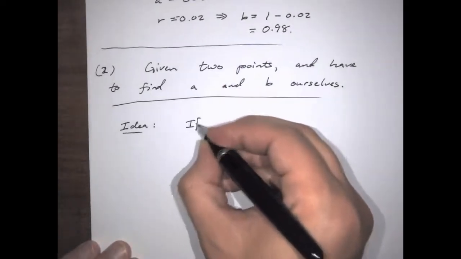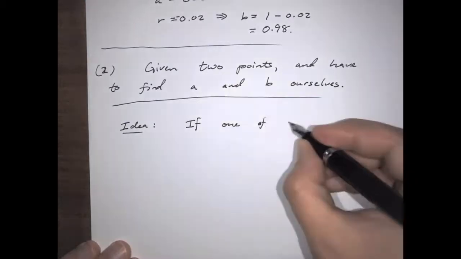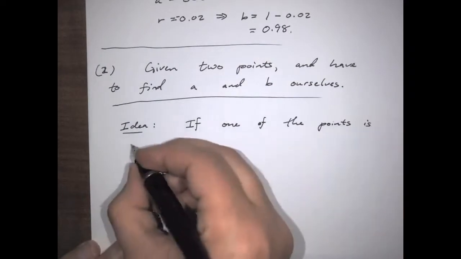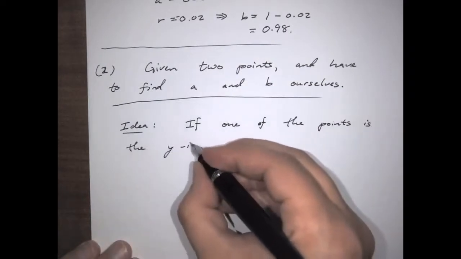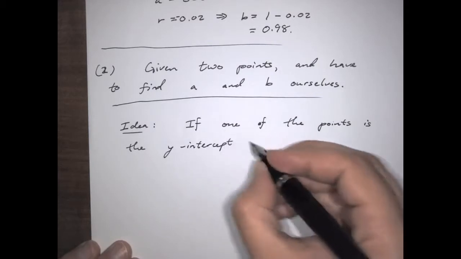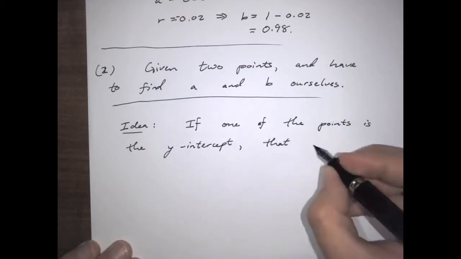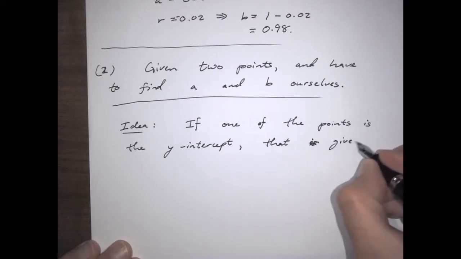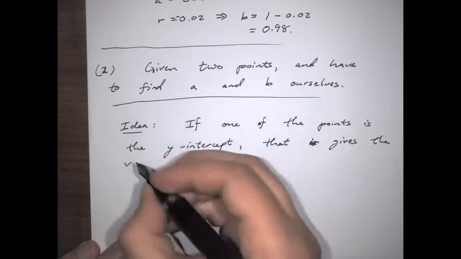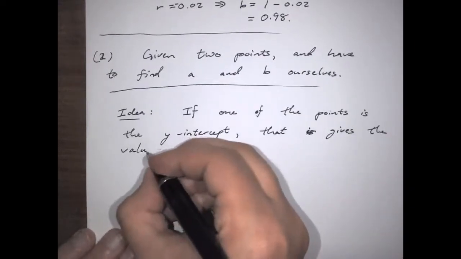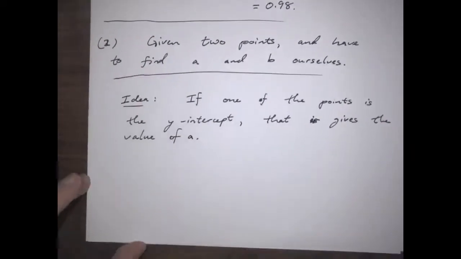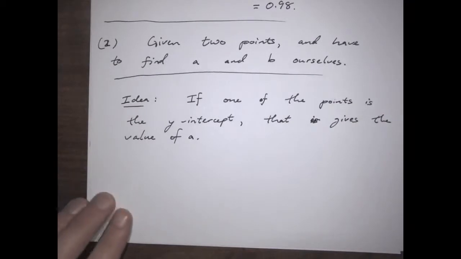So if one of the points is the y-intercept, that gives the value of A. All right, so that's one thing to look out for. We could get lucky, and we could actually have the y-intercept as one of our 2 points.